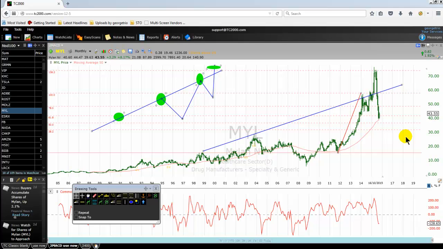It has a connection with the wave principle, and it is a powerful reversal zone. Very, very powerful. You need to understand what is happening around the 138% Fibonacci extension level.